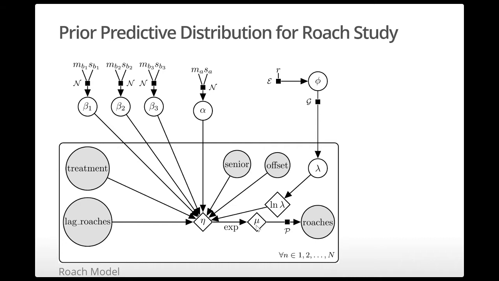That has to be a positive value. So in RStanArm, the default for that is an exponential prior on phi. This is another one of those things where it's kind of hard to think about what would be a reasonable value for the rate, the rate being 1 over the expectation in an exponential distribution, although the default value that RStanArm is going to use is oftentimes fine.